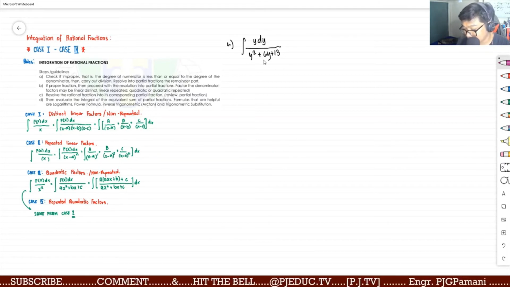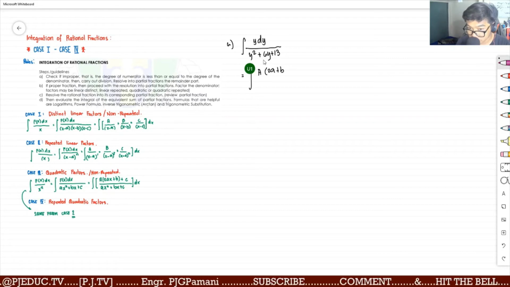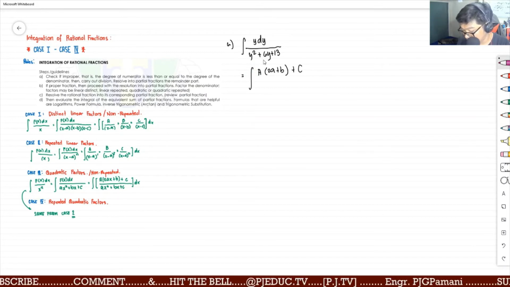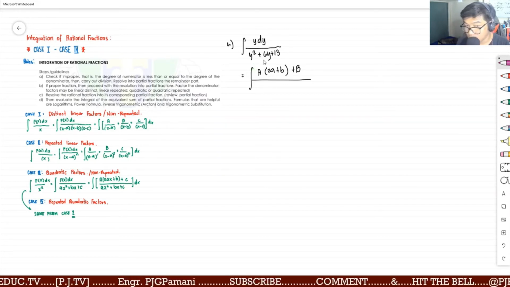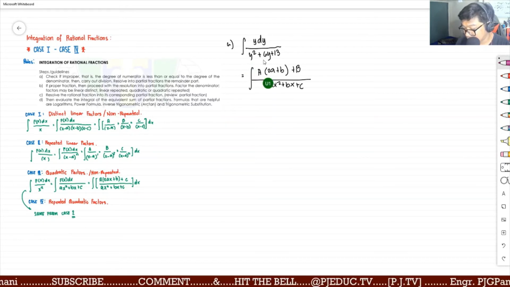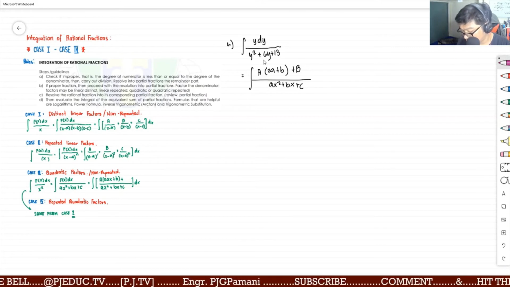So if it is a case 3 quadratic factor non-repeated, that is Ax plus B, over your tawag na dito, ax squared plus bx plus c. Ano ba yun? A dapat yan, b dapat yan.